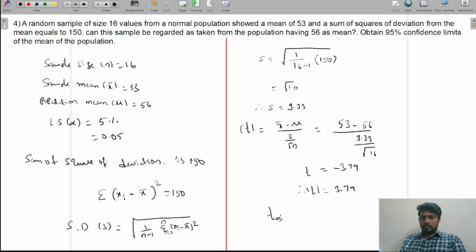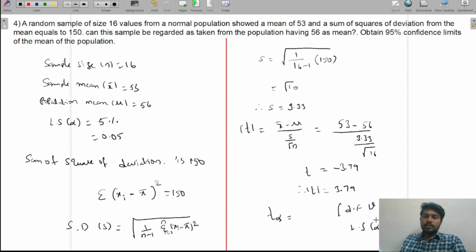Yes. So we take the t alpha value with a combination of degrees of freedom nu and level of significance alpha. Okay, so coming to the degrees of freedom nu, the formula is n minus 1, which is 15, and the level of significance is given as 5%, so it is nothing but 0.05.